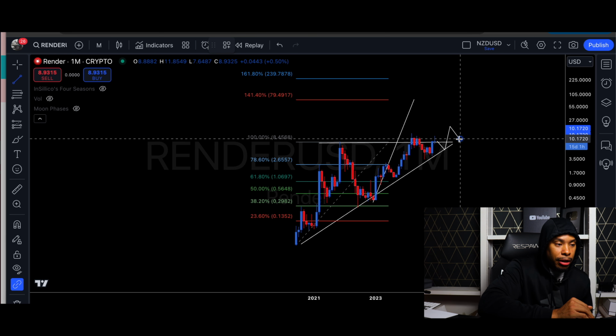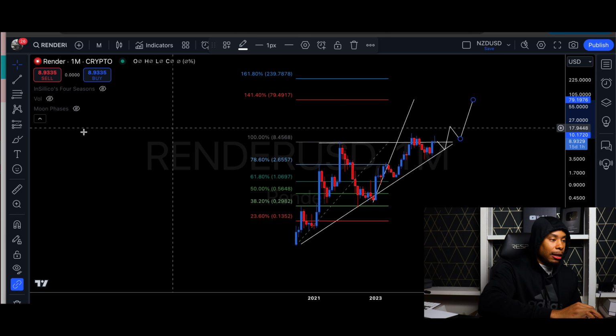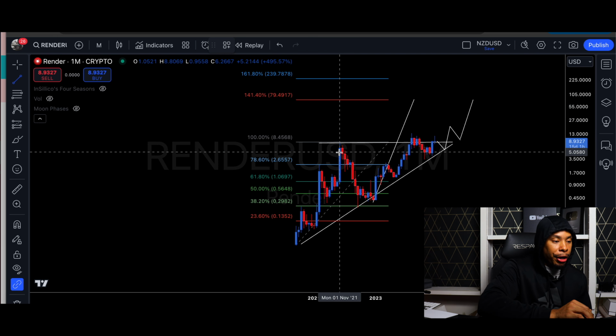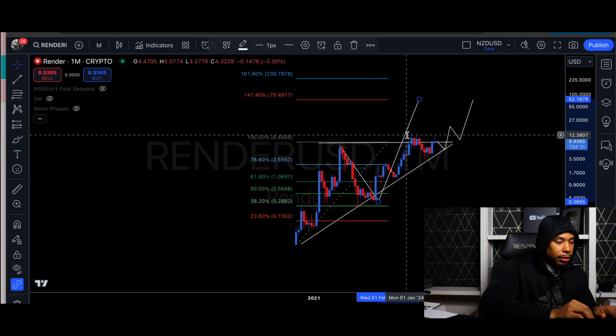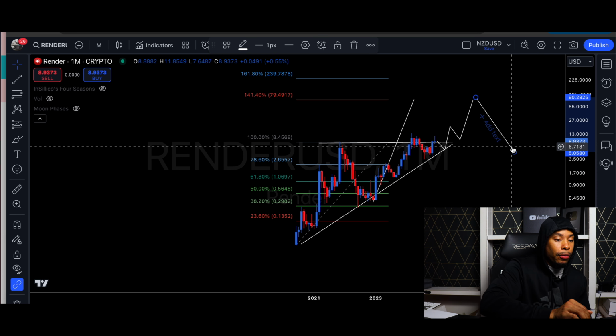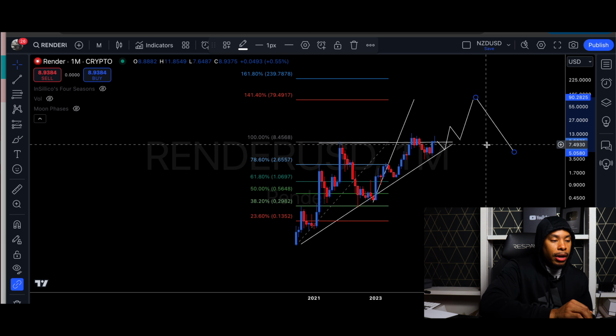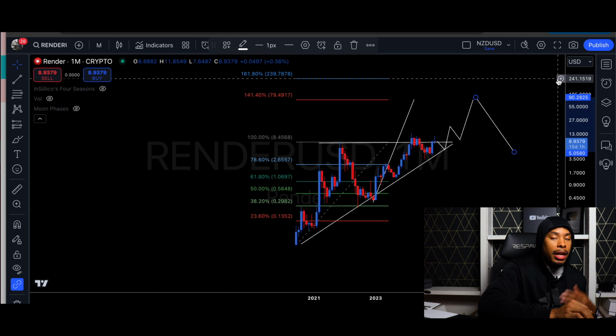And then we will get a move up into the 141. And 9 times out of 10, that is when the bear market will begin for Render. OK, and then from here, we'll look for a move down into this old level and possibly have it go sideways before it continues up in the future.